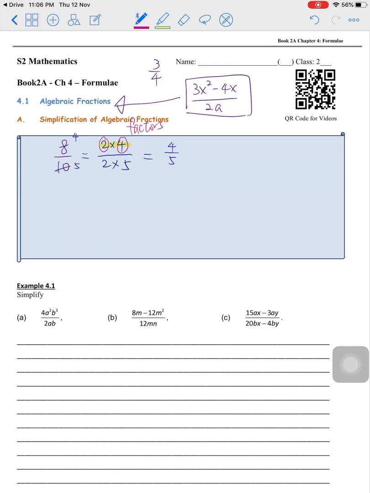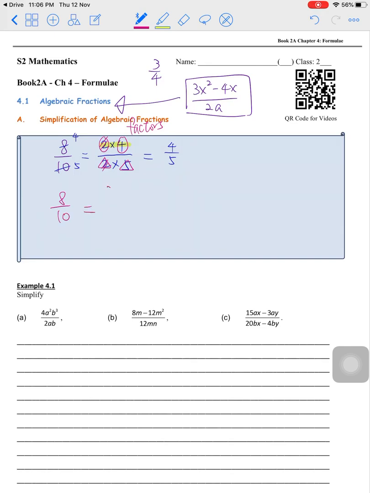For example, 2 and 4 are factors of 8. 2 and 5 are factors of 10. Then we can cancel out the same factor, 2, for simplification. Finally, you get 4/5. That means you can only cancel out the factors in a fraction.